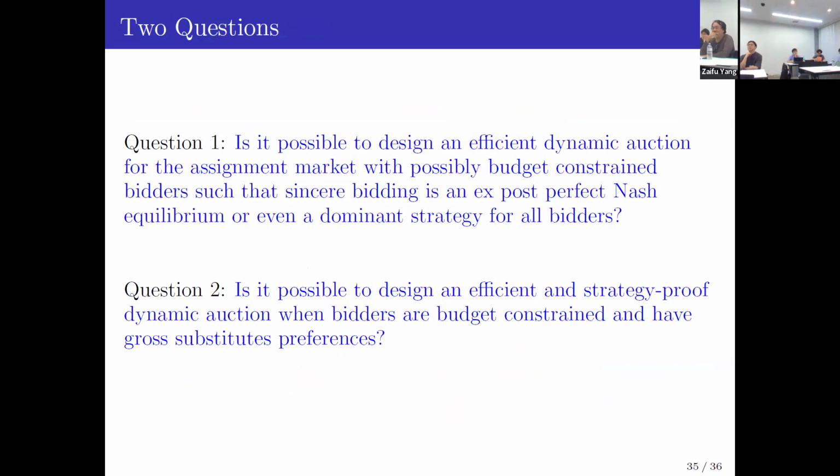This is quite challenging. The second is whether it's possible to design a more general auction for the substitutes case, when bidders are budget constrained but have gross substitutes preferences. It's not easy. So I think I stop here.